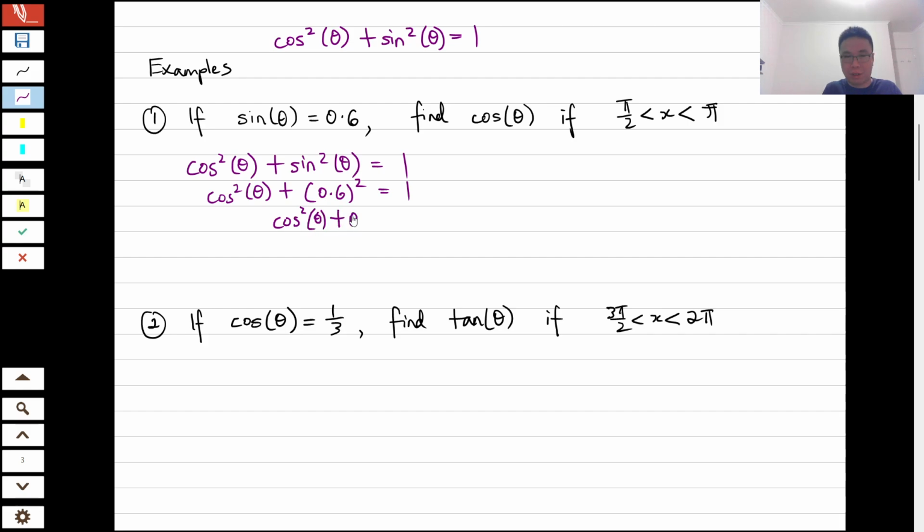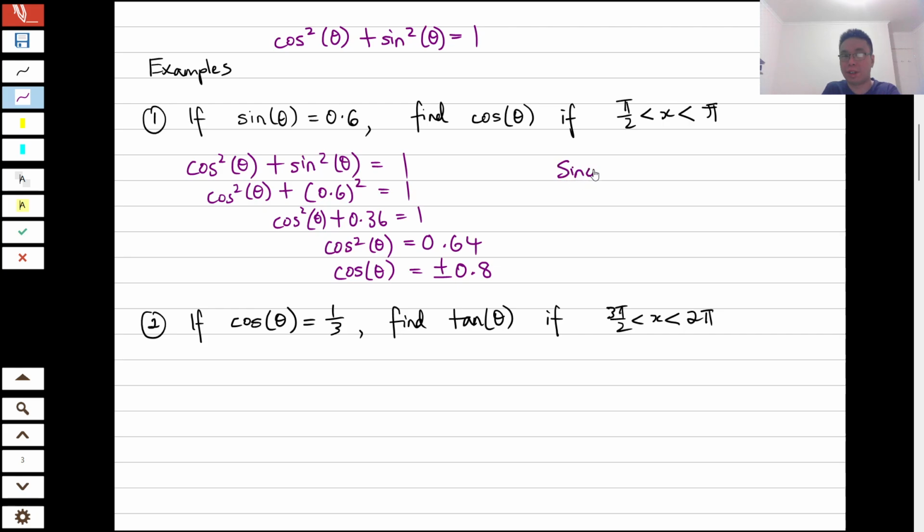0.6 squared is 0.36. Think of 6 times 6 is 36. And then we get cos squared theta is 0.64, taking away 0.36 from both sides. And if I take the square root, I get plus or minus 0.8.